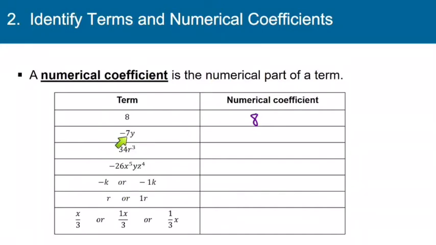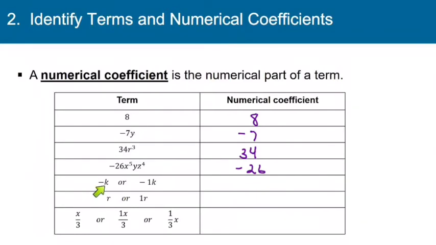So the numerical coefficient is -7. You see, it's just the numeric part of the term. For the term 34r to the third, r to the third is the variable part, 34 is the coefficient. For the term -26x to the fifth, yz to the fourth, the x, y, and z factors are the variable part, -26 is the numerical part, so -26 is the coefficient.